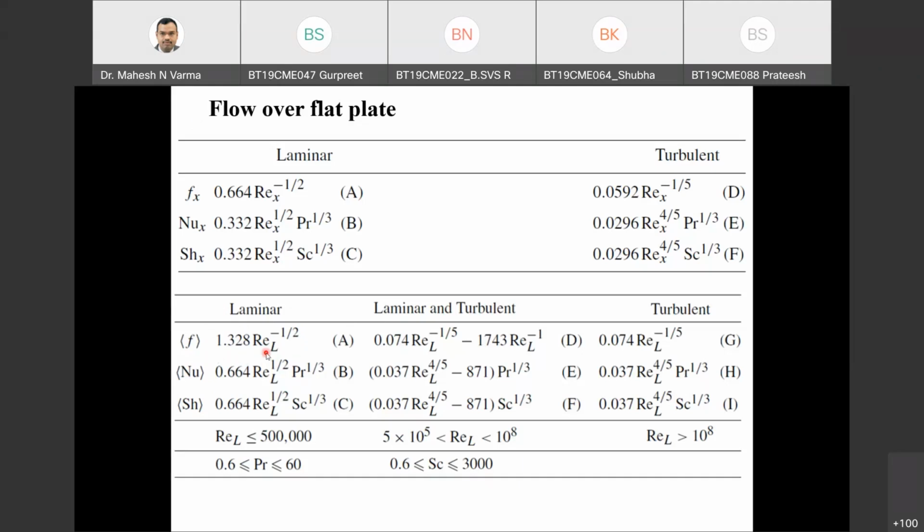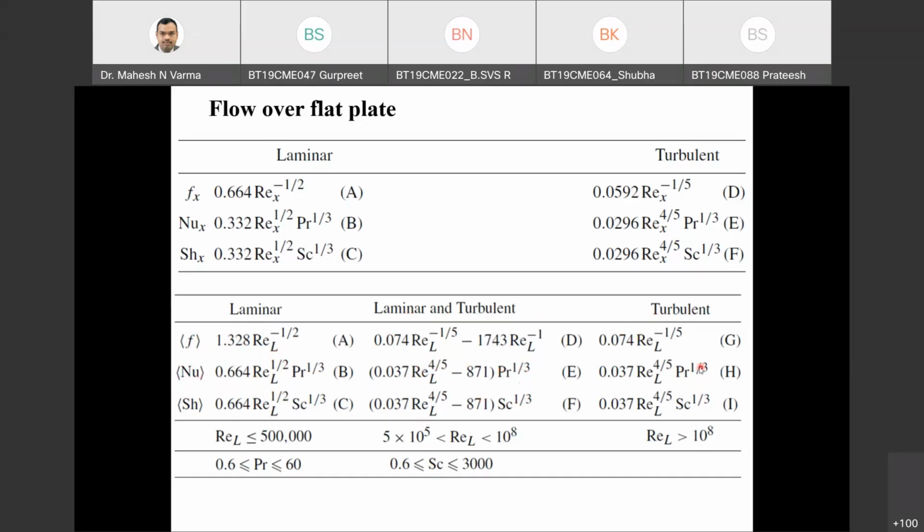Friction factor is a function of Reynolds number. In heat transfer, Nusselt number is a function of Reynolds number and Prandtl number. Here also you can see Nusselt number is a function of Reynolds number and Prandtl number.